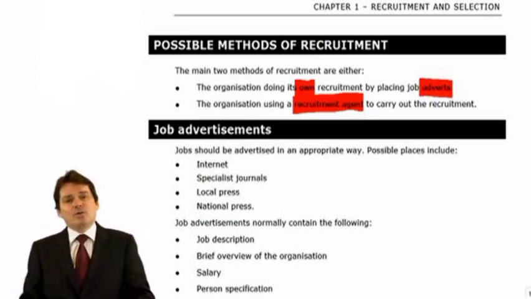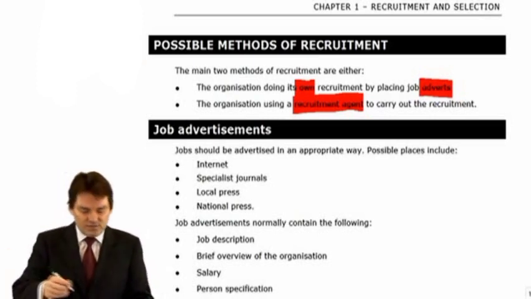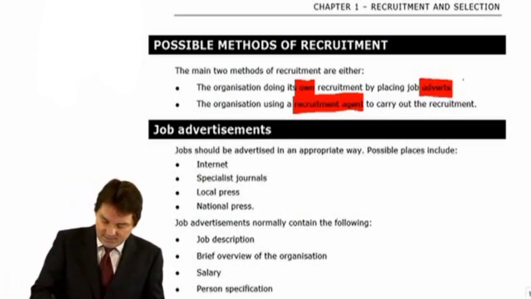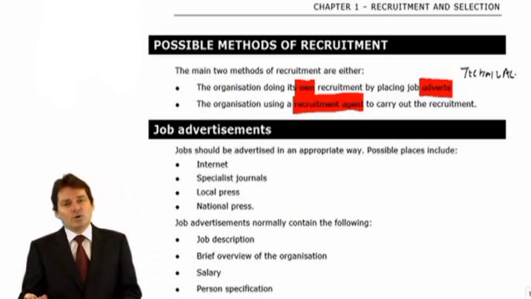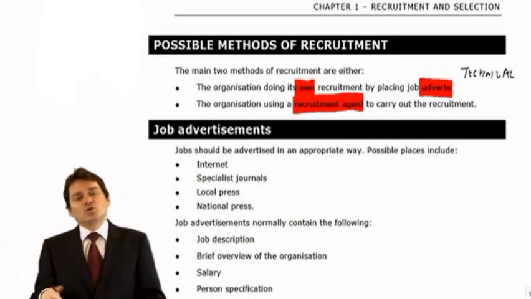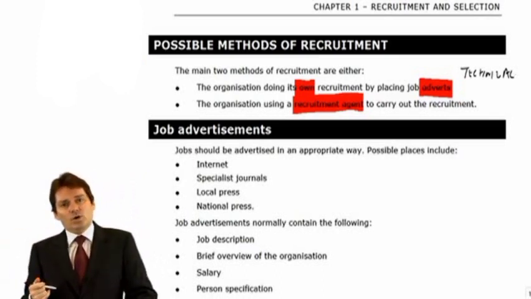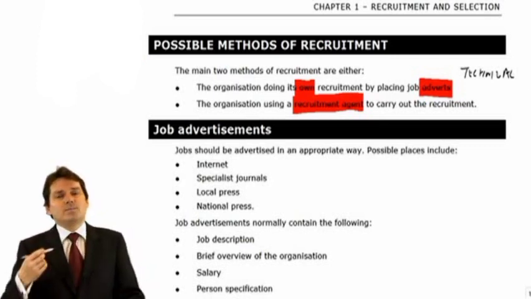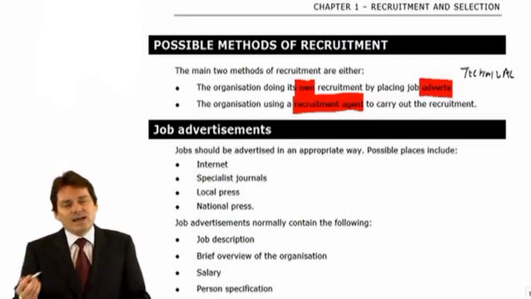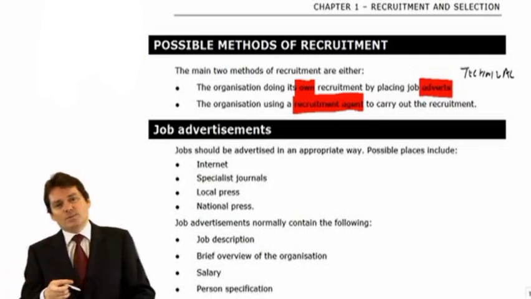Now, why would you want to perhaps carry out your own recruitment? Maybe you are looking for something in particular. That might be, for example, that something is very technical. And so you, as an organisation, want to make sure you hire the right people. So you want to actually place the advert, have it exactly how you want it, perhaps do all the interviewing, you perhaps want to choose everybody.